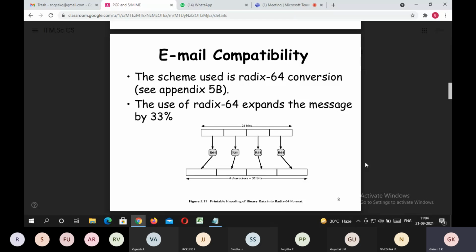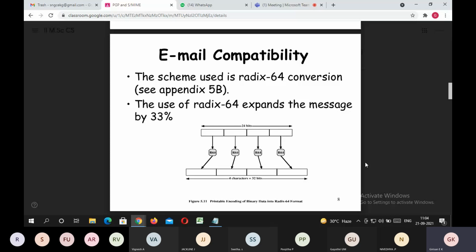So when I use PGP for securing the email, the message should be compatible between all the browsers and all the networks across the world. Therefore, there is a standard scheme called Radix 64 conversion, which is used for making the email compatible in nature.